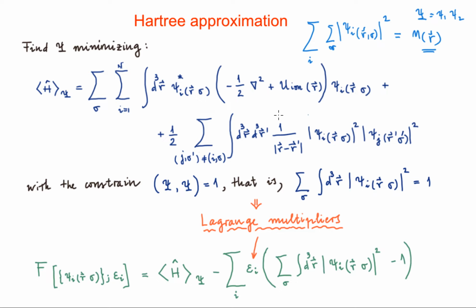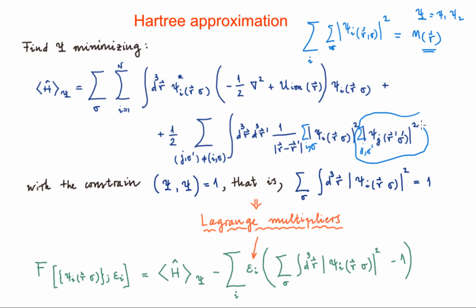So in this integral we have a summation over j and i states, and over sigma and sigma prime.